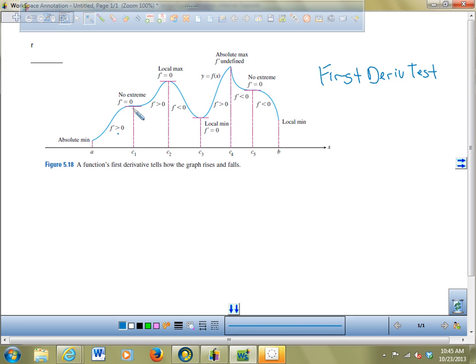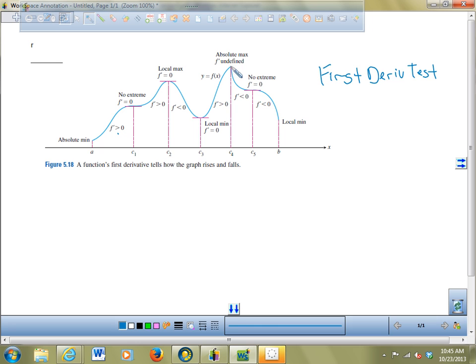Here the first derivative is 0, but that doesn't necessarily mean you have a maximum or minimum there. You could have a flat spot or a plateau, okay? Up here the derivative is 0, first derivative is positive, first derivative is negative, you're going downhill. Here you have a local minimum, then you're going uphill again.